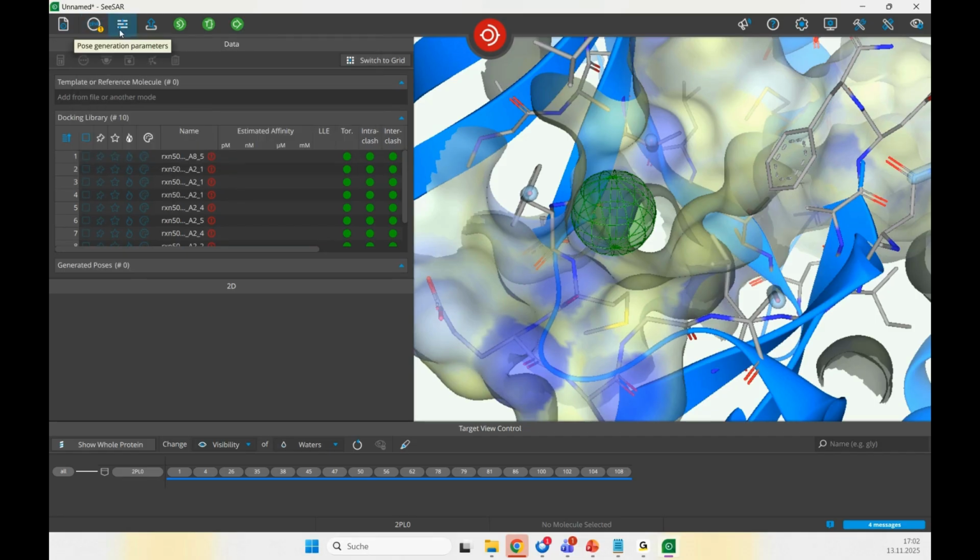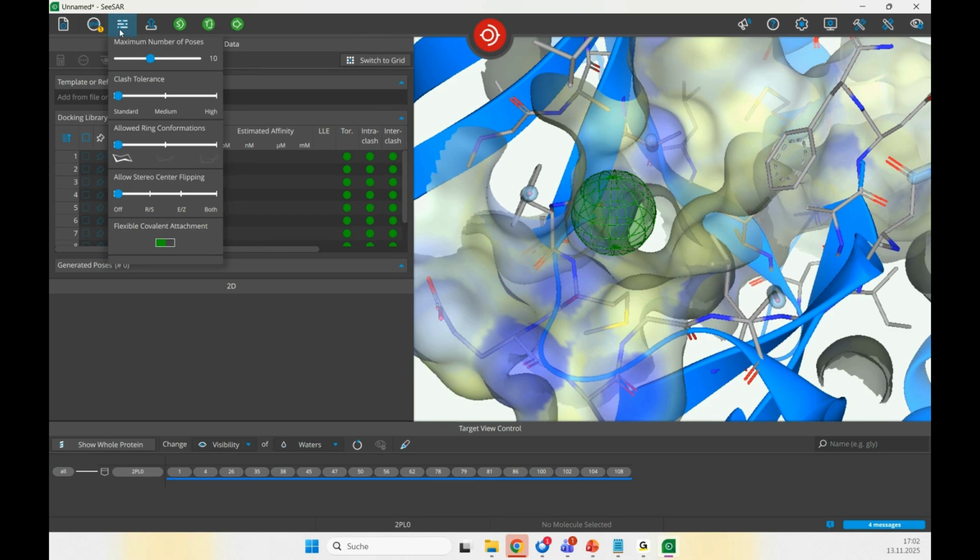And now in the settings, you can decide how many poses you would like to generate. You can play around with the clash tolerance. Basically, default is a very normal van der Waals radii.